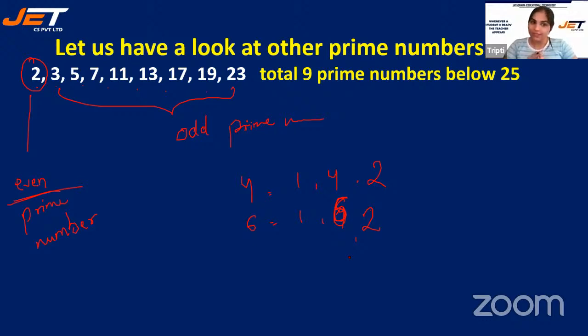And remember, 1 is the factor of all numbers and the number itself is a factor of all numbers. Like the factors of 23: 23 itself is a factor of 23 because 23 times 1 is 23, and 1 is a factor of 23. So 1 and the number itself.